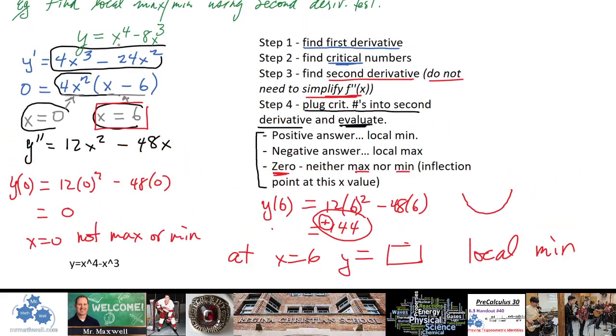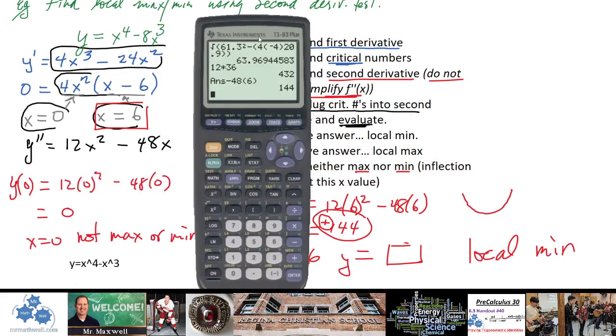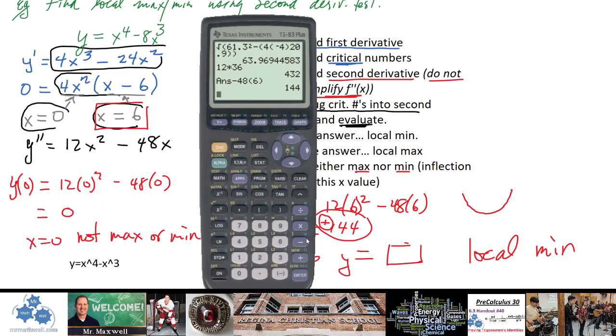Okay? And of course, you should figure that out, but we can do that real quick. So go back always to the original to find your x, y coordinates. Always go back to the original function, and we'll do 6 to the power 4, minus 8 times 6 to the power 3.